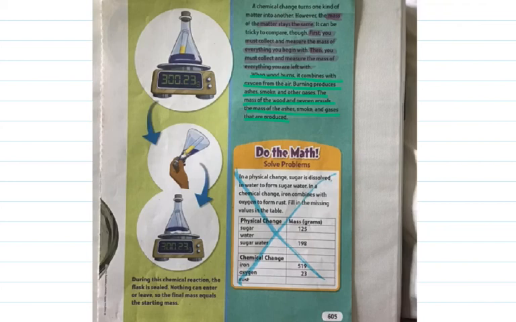Okay, so if we look, we have picture 1, picture 2, and picture 3. I'm going to read this little description down here. During this chemical reaction, the flask is sealed. Nothing can enter or leave, so the final mass equals the starting mass.